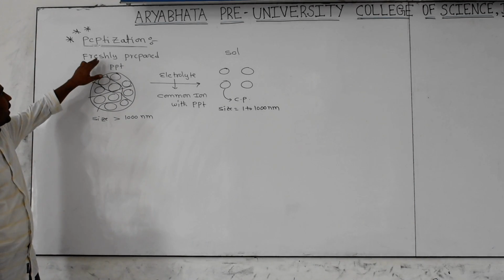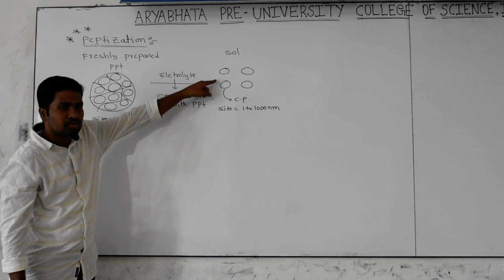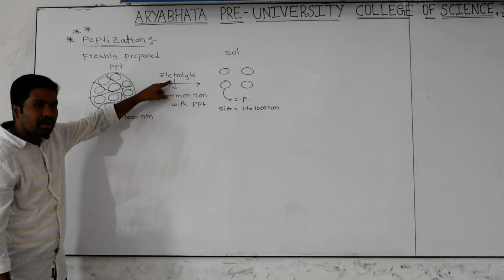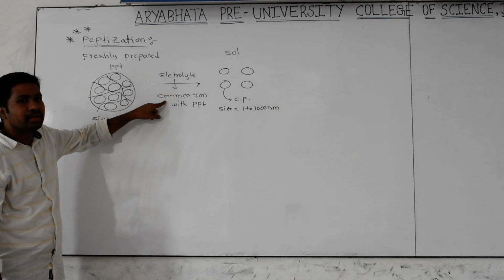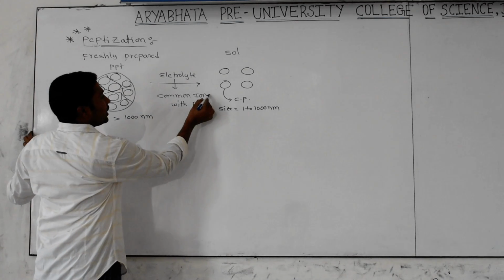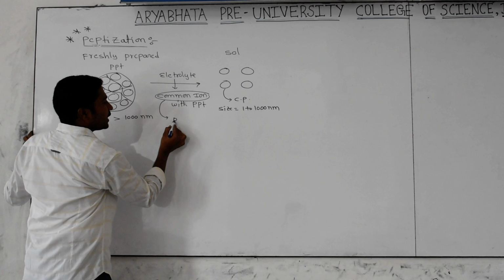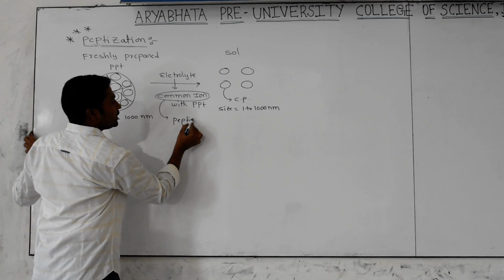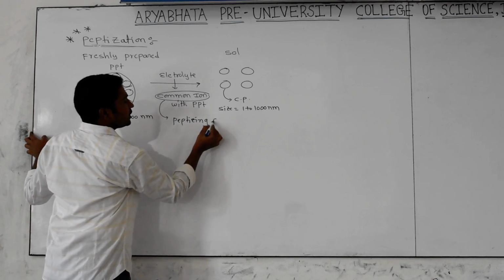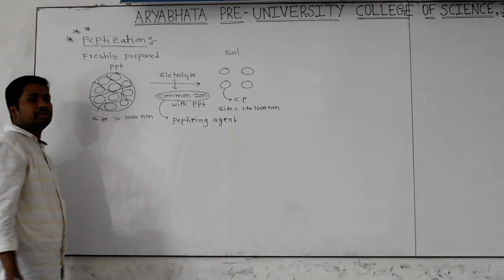The whole phenomenon is called peptization. Peptization means a freshly prepared precipitate is converted into a sol by adding an electrolyte which has a common ion with the precipitate. The common ion with the precipitate is specially called the peptizing agent. The whole process depends upon this common ion.